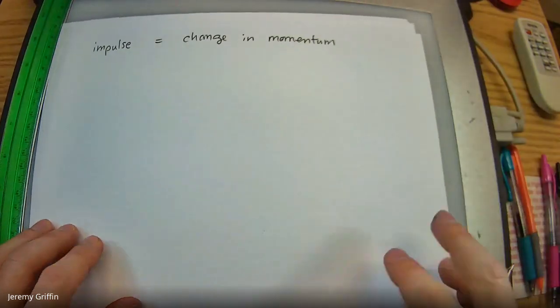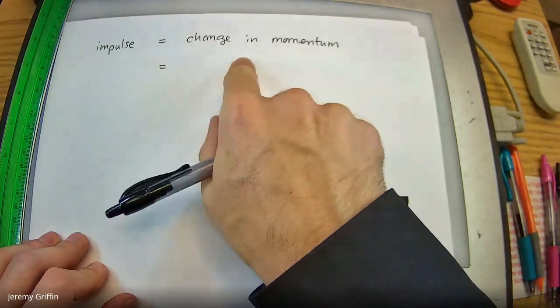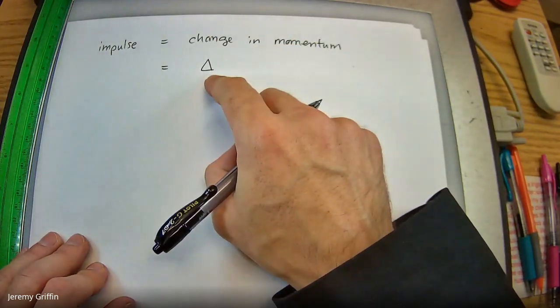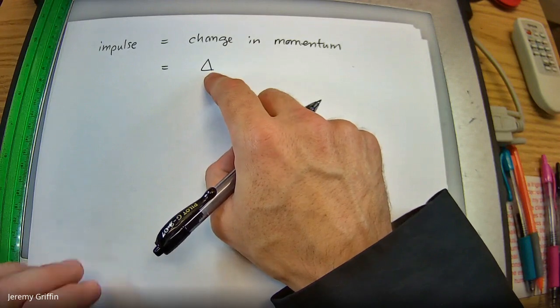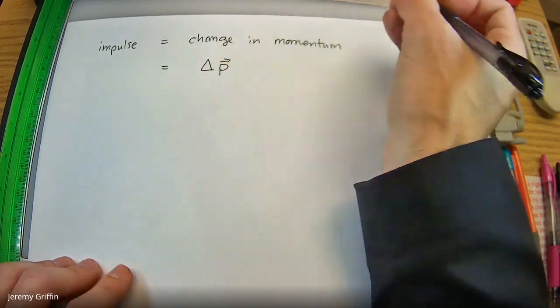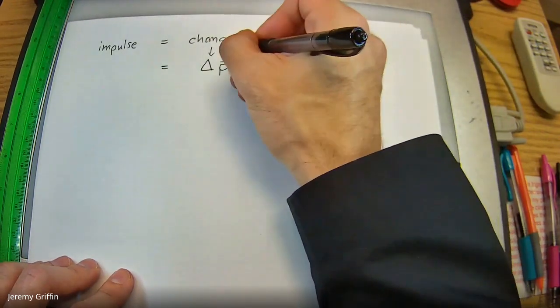That's like the Greek letter delta, change in. Although every once in a while I use it for difference in, but usually it means change in. And then P is momentum. So change in momentum, right?